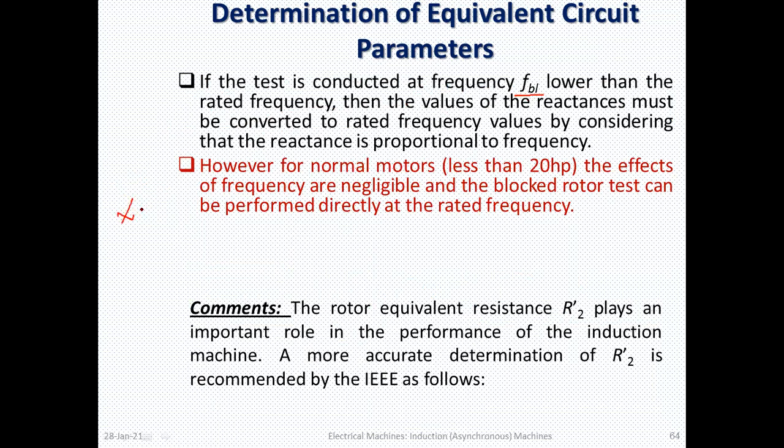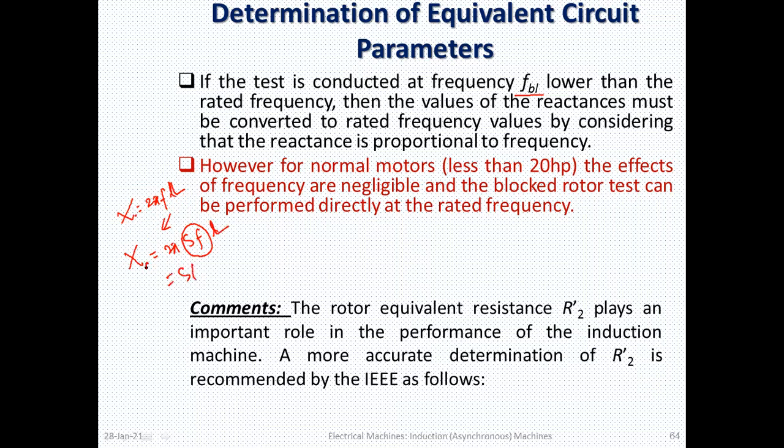Reactance we know is 2 pi into f into L. If this frequency is the supply frequency, and if this frequency is changed, then this reactance will also change. So if we are performing the test at some other frequency, that is equal to s multiplied by f into L, then in this case we have to modify this reactance by multiplying.